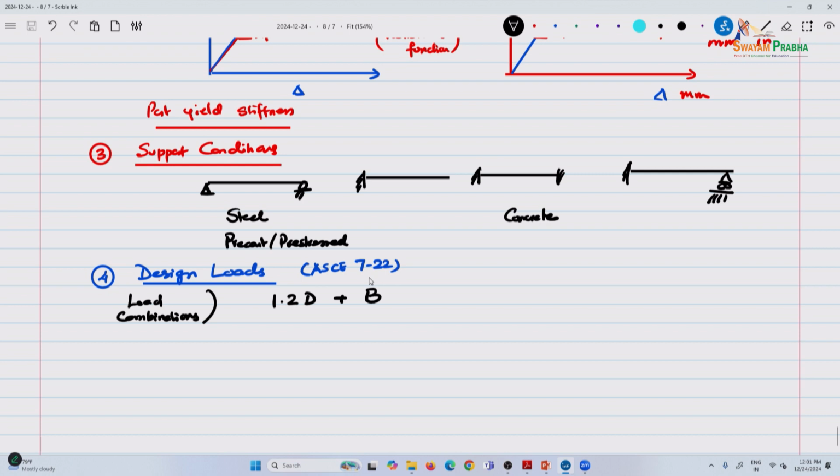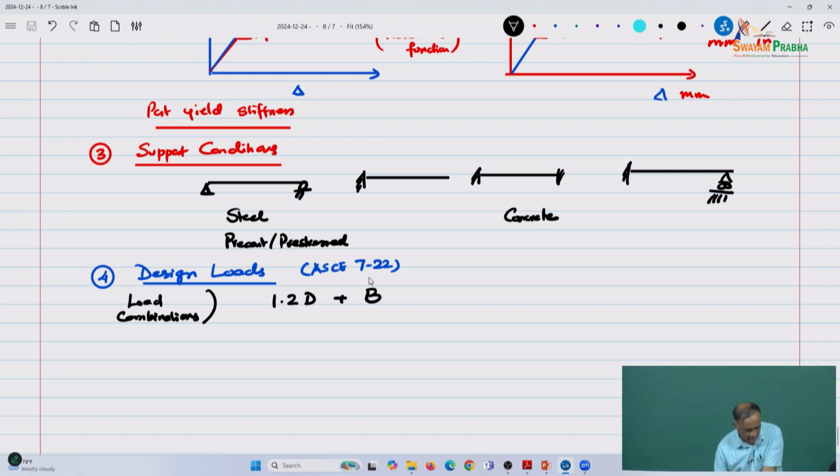So wind is also now 1, and then other combinations that you can include are 0.5 snow, for roof, depending on which element you are designing for, or for uplift conditions you have 0.9 D or 1.2 D plus blast plus 0.2 W wind.